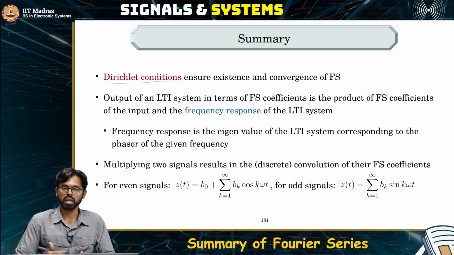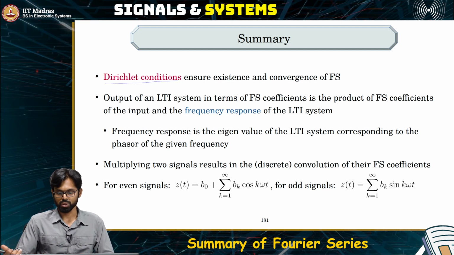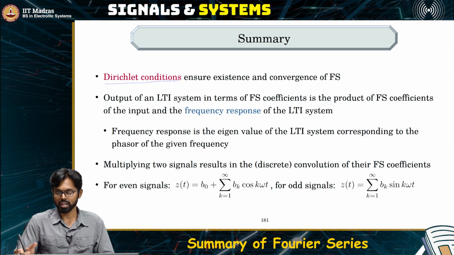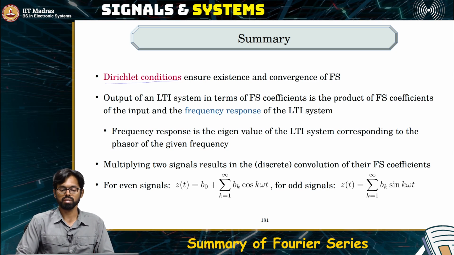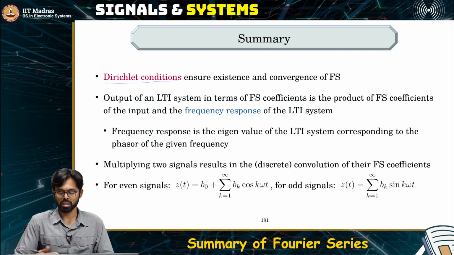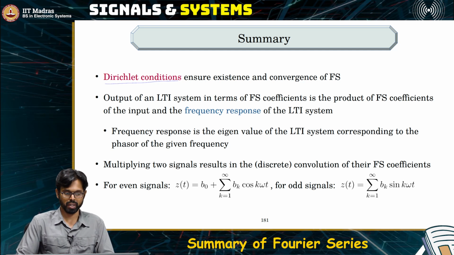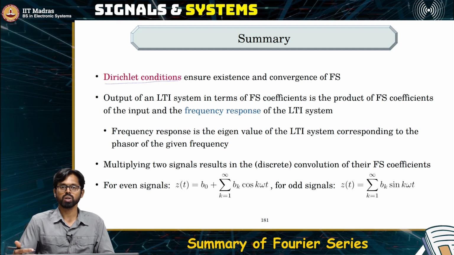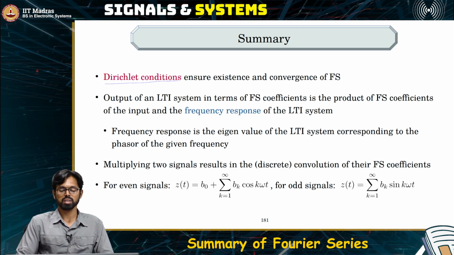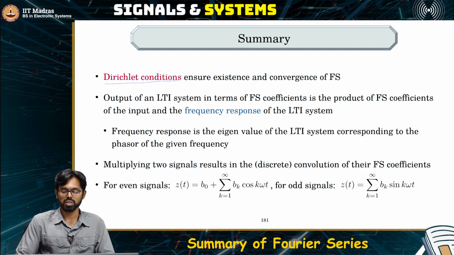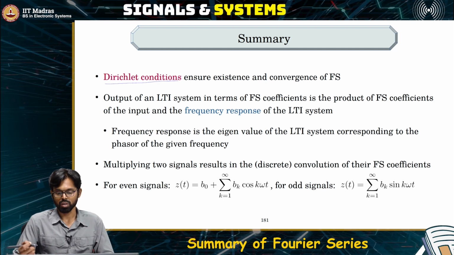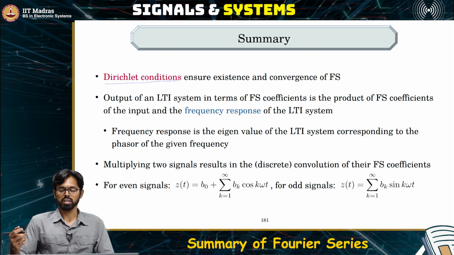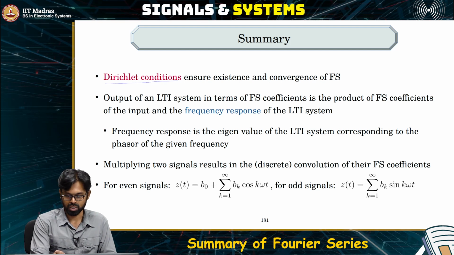The conditions say that you should have a signal which is absolutely integrable in one period, and it should have a finite number of discontinuities and a finite number of minima or maxima within one period. As long as these sufficient conditions are satisfied, you can always ensure that the Fourier series of the particular signal will exist and will converge at every point.